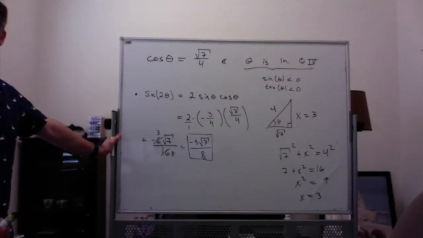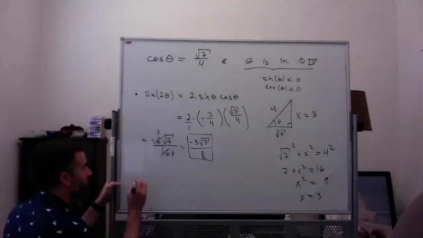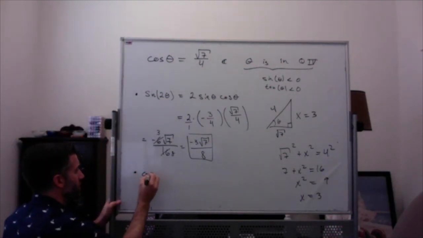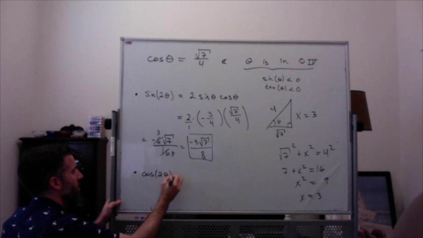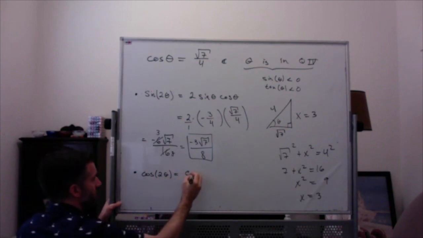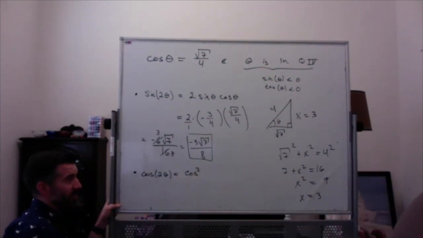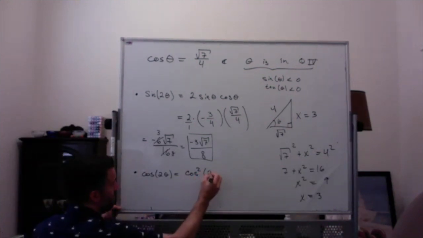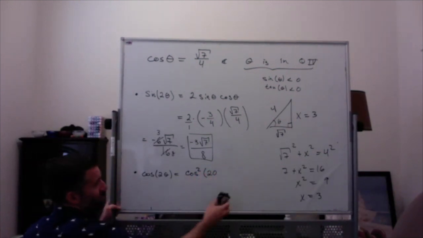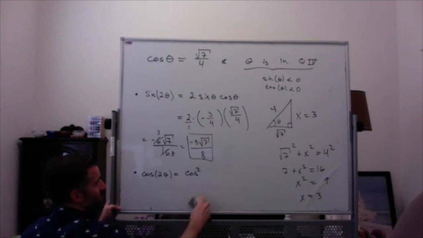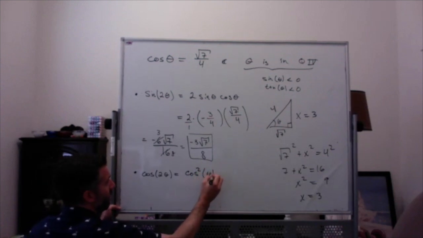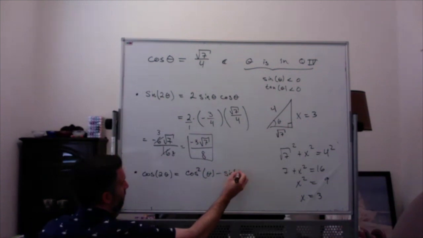And then we can find cosine of 2 theta. Again, whenever I'm asked to find something of 2 theta, I'm just going to throw down the formula. It's cosine squared of theta minus sine squared of theta.